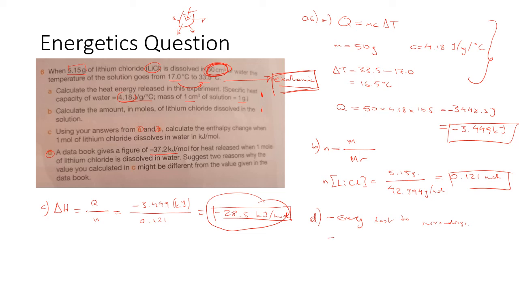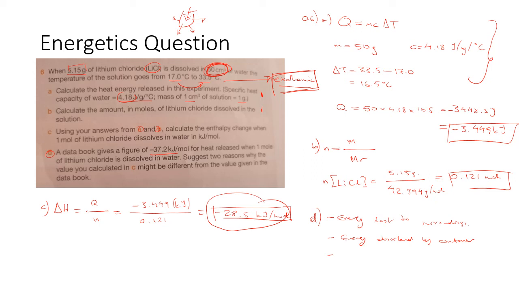A second scenario might be that energy is absorbed by the container in which the reaction is taking place. So energy absorbed by the container, the beaker, in other words. A third one could be that the dissolution of lithium chloride is incomplete.